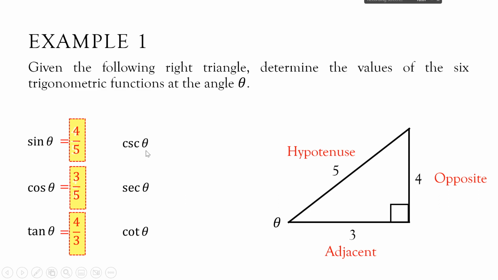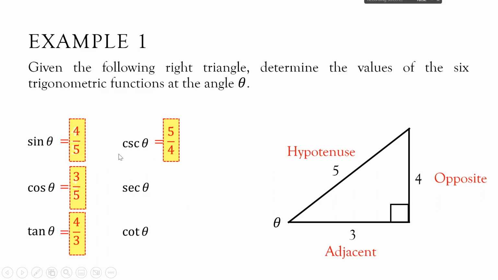All right, now let's look at cosecant. Remember, cosecant is the reverse of sine, or the flipped version of sine. Sine was opposite over hypotenuse, so cosecant is hypotenuse over opposite. That is 5 over 4. One other way that you can find this is to notice the difference between sine and cosecant.